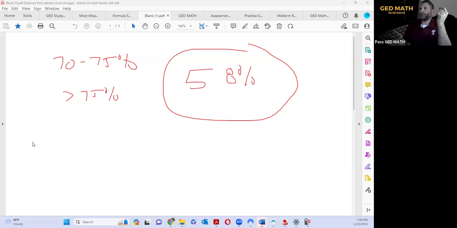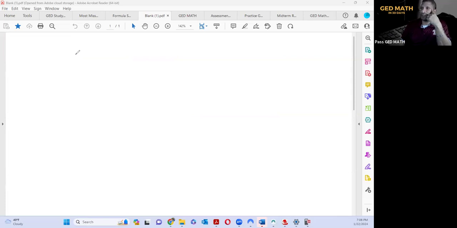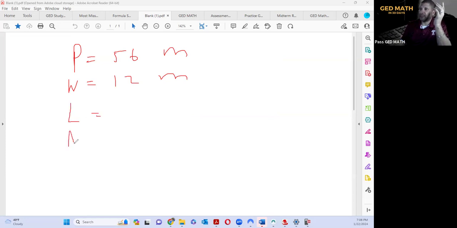For example, if it said the perimeter is 56 meters, and the width is 12 meters. What's the length and the area?